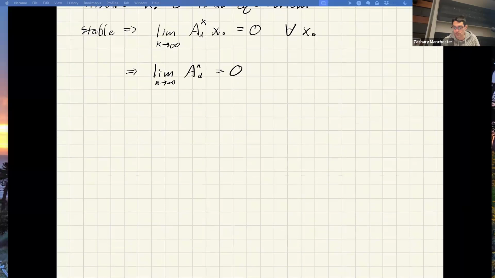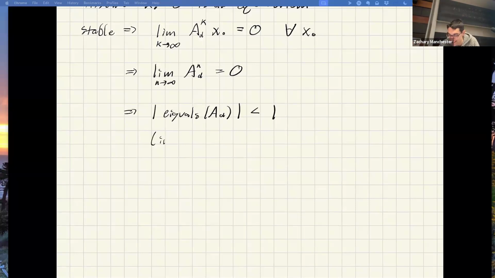The matrix itself has to go to 0 in the limit. And that means that the eigenvalues of that matrix all have to be inside the unit circle. They have to have norm less than 1 such that when I raise them to the power, it's going to asymptotically go to 0.